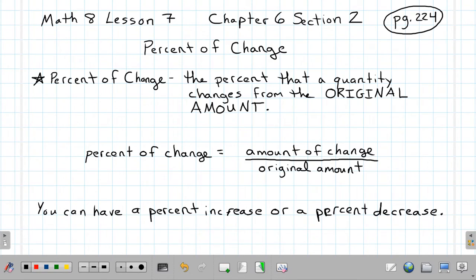And that last part is actually another easy thing to tell. If your number goes up, it's going to be an increase. If your number goes down, it's going to be a decrease.